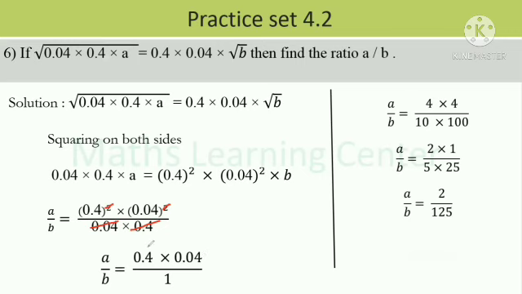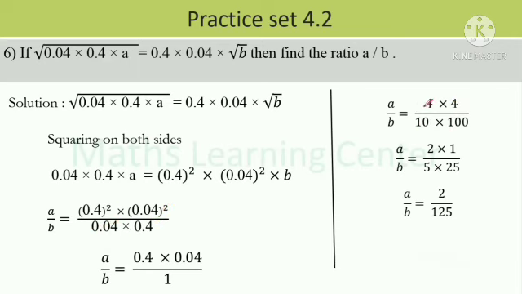Now we are removing the decimal, so after the decimal point there is one number, so we can write that as 4 upon 10, and here after the decimal there are two numbers, so after removing you can write 4 upon 100. How many numbers you are removing, that many zeros you have to write in the denominator.